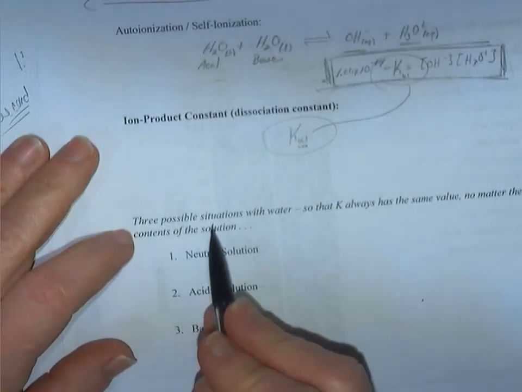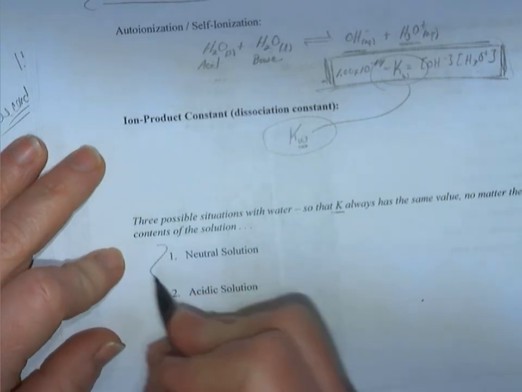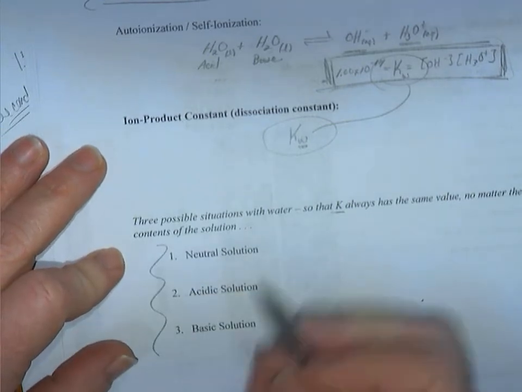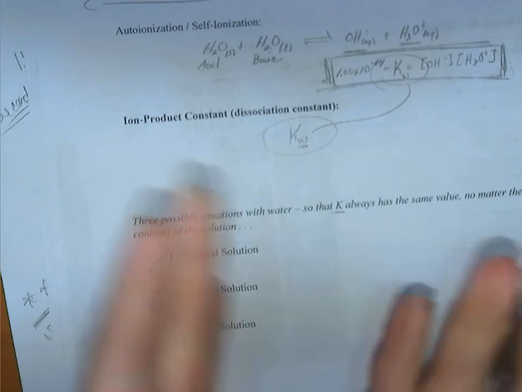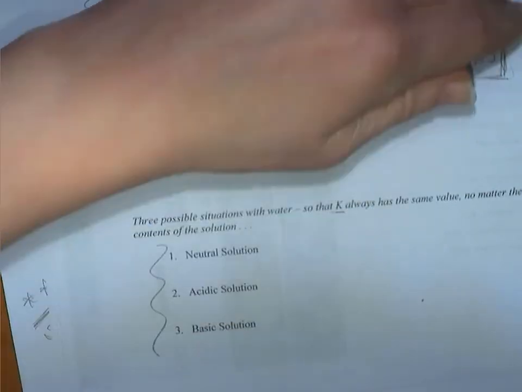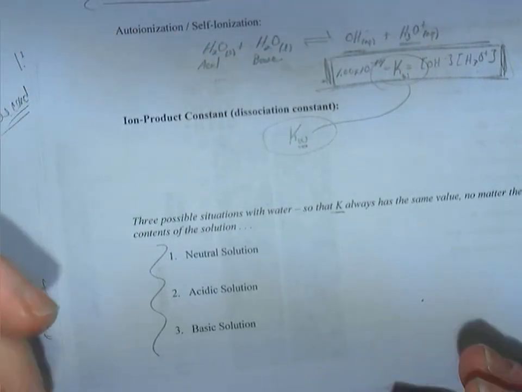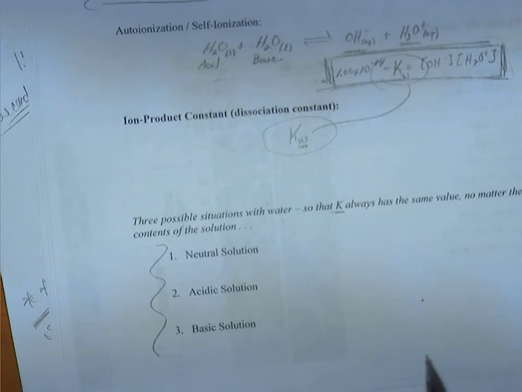So, K will be the same. I really think I'm just going to show this to us, and then we'll come back to this whenever we are looking at some acid-base equilibria.